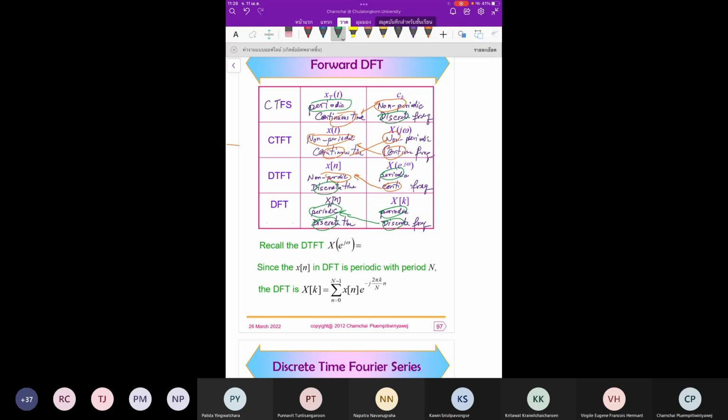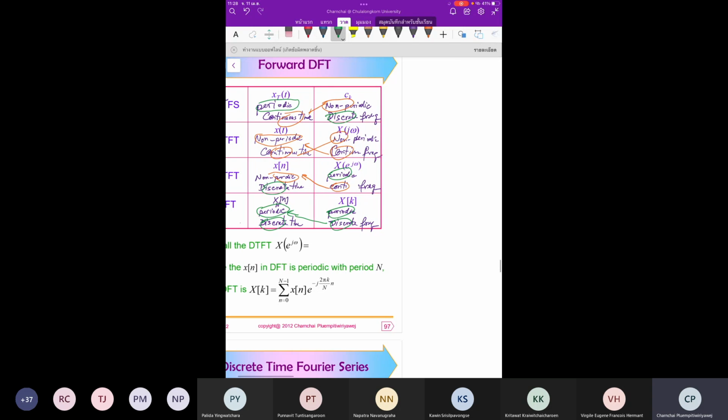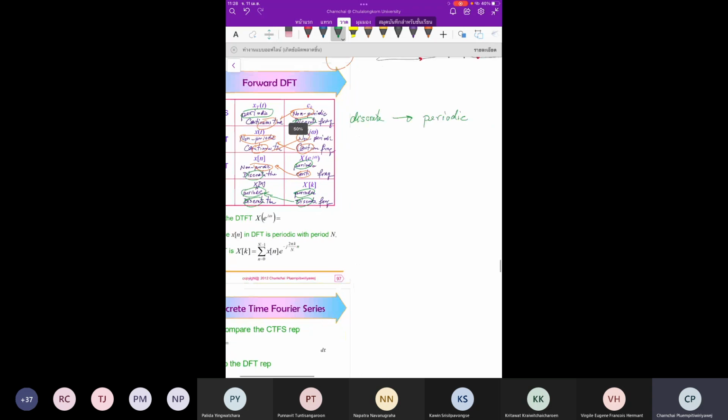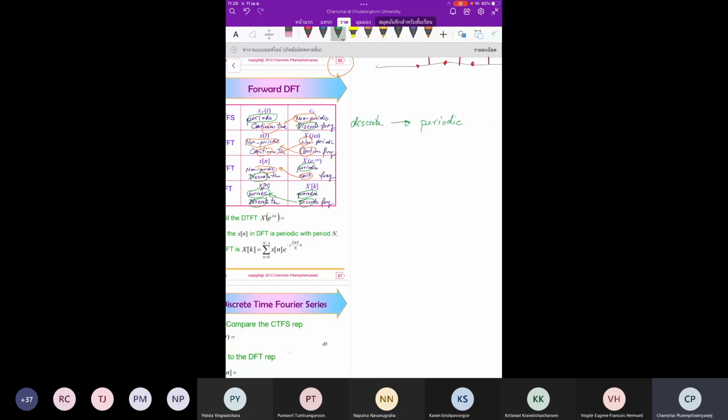If one domain is continuous, the other domain must be non-periodic. If one domain is discrete, the other domain must be periodic. It could be time or frequency. So if one domain is discretized, the other domain must be periodic.